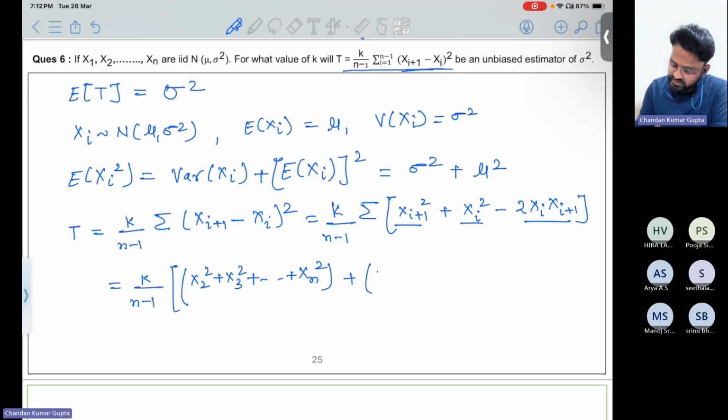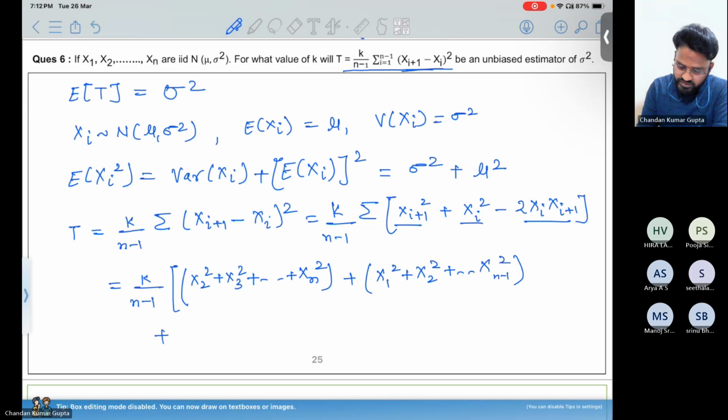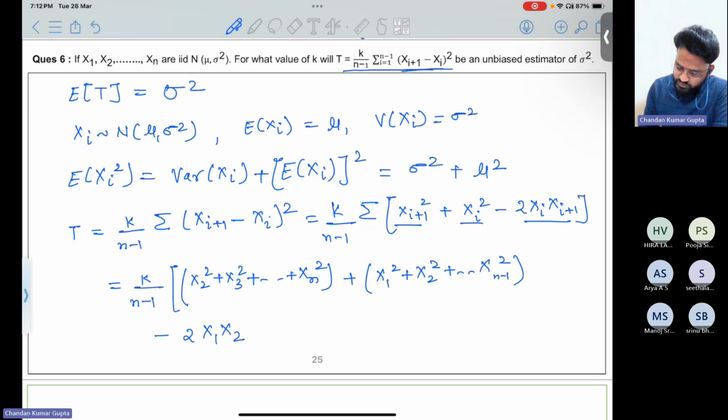And the second will be like x1 square plus x2 square up to x(n minus 1) square, minus twice of x1 x2 plus x2 x3 plus up to x(n minus 1) xn.